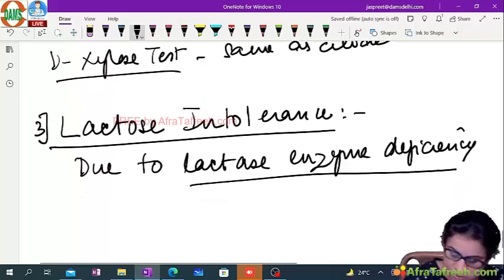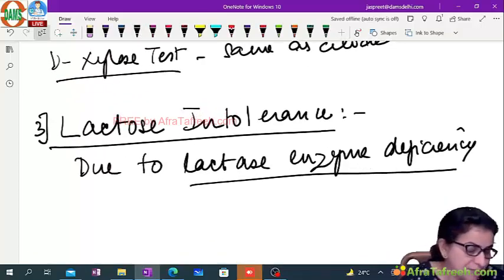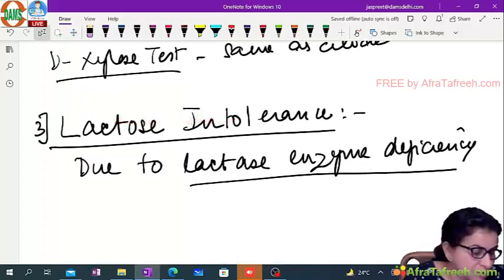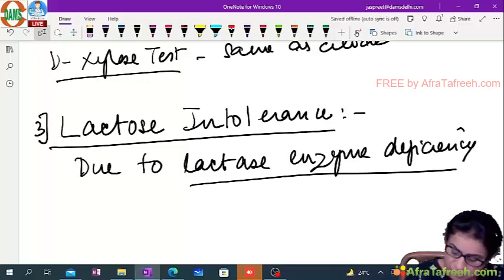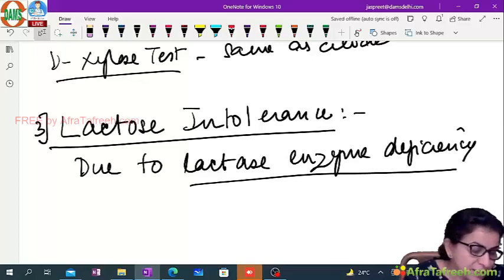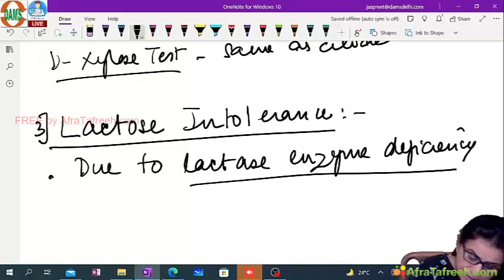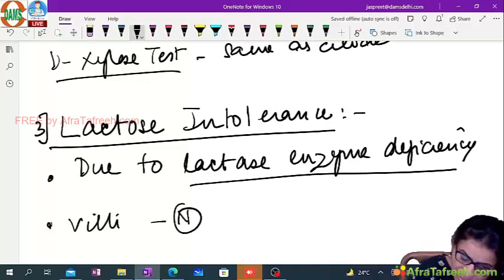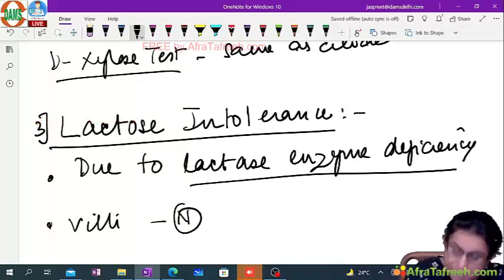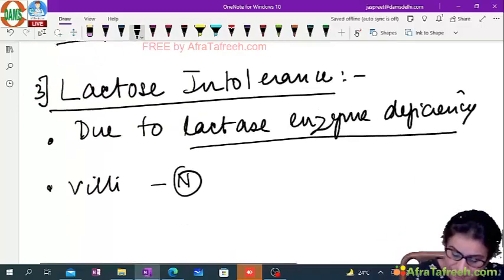Okay, lactose intolerance is due to lactase deficiency. The intestinal villi may appear normal, with nothing wrong, but they do not have the enzyme to digest lactose.